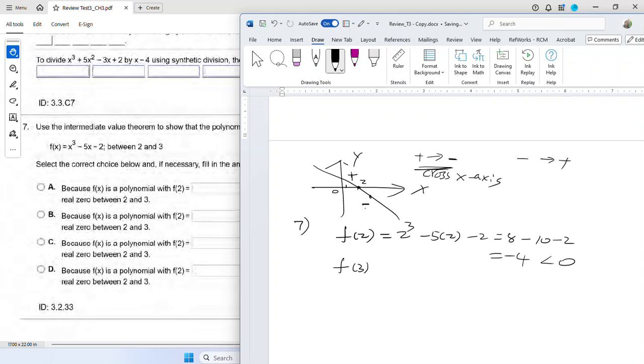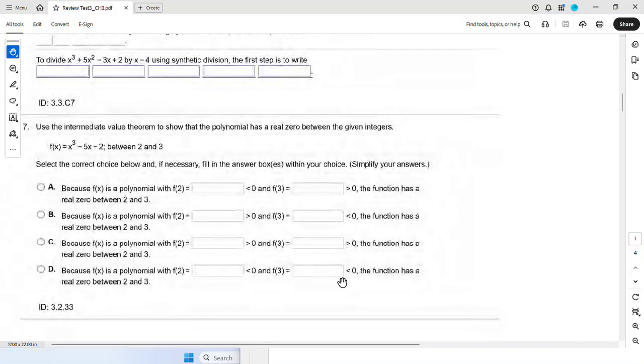And if I calculate f of 3, that's 3 cubed, which is 27, minus 15, minus 2. So this is 10, which is positive. So it changes from negative to positive. That means between 2 and 3, the graph must cross the x-axis, so there's a 0 between 2 and 3.